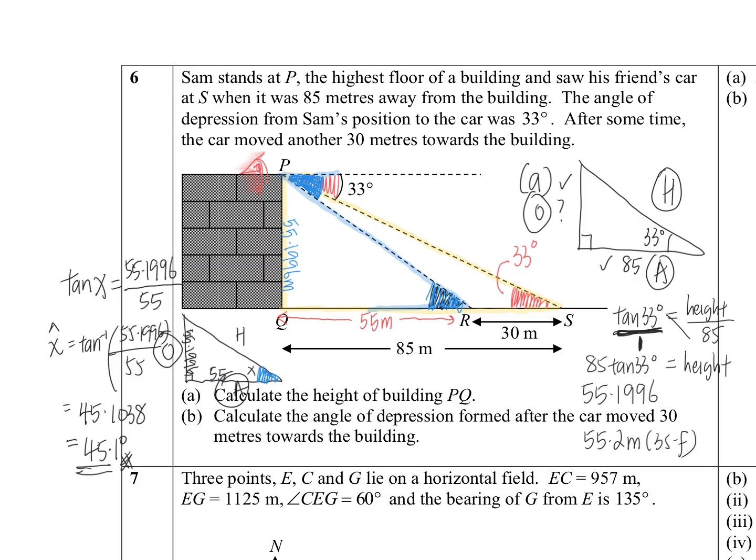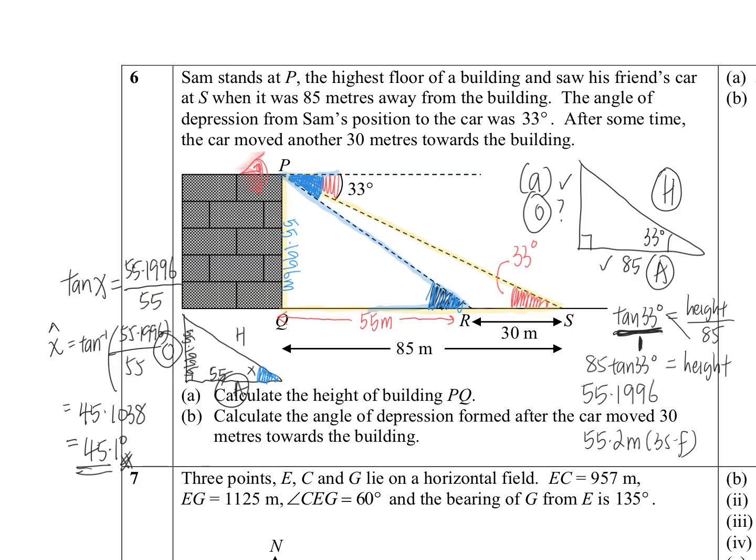So I will find this one first. Let's call this N2. So angle N2EC is 360 take away 135, take away 60. So it's 165.